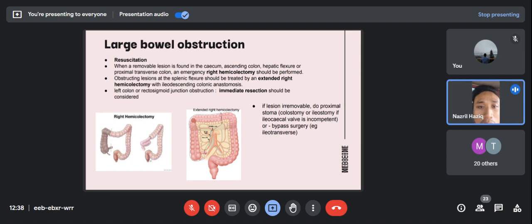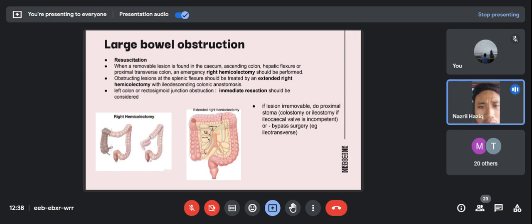Okay, for large bowel obstruction, the main cause of intestinal obstruction in the large bowel can be a tumor. The principle is we do resuscitation, we keep them nil by mouth, and it depends on the location of the lesions.